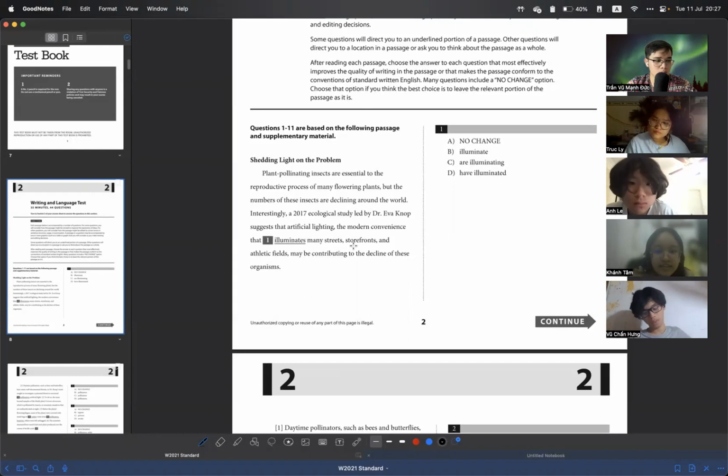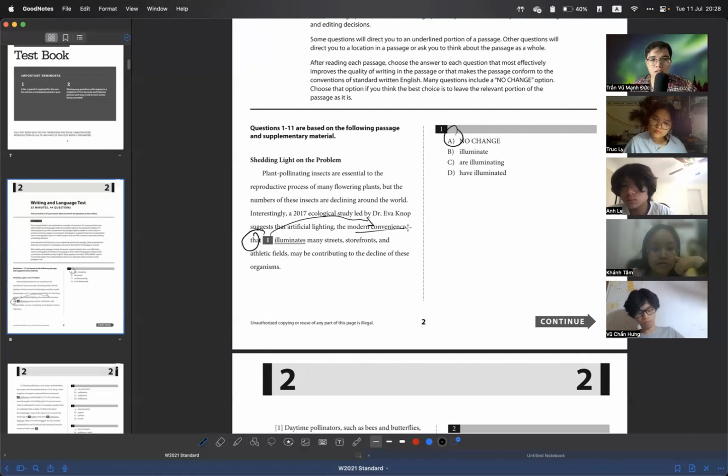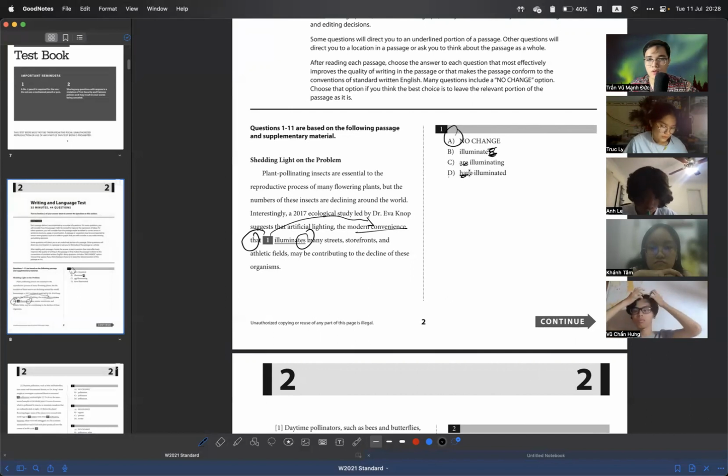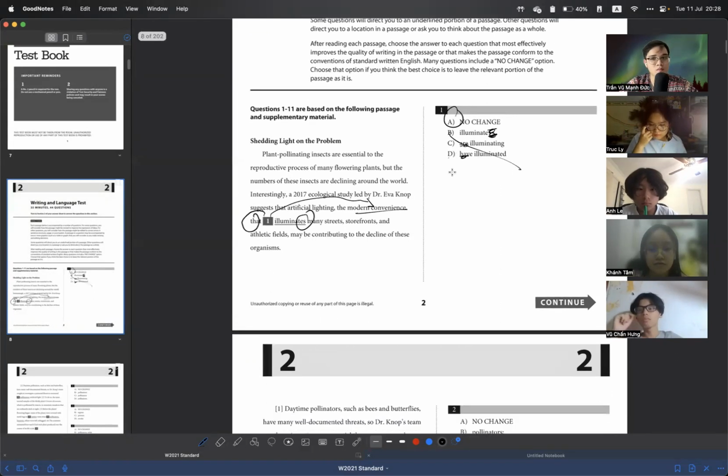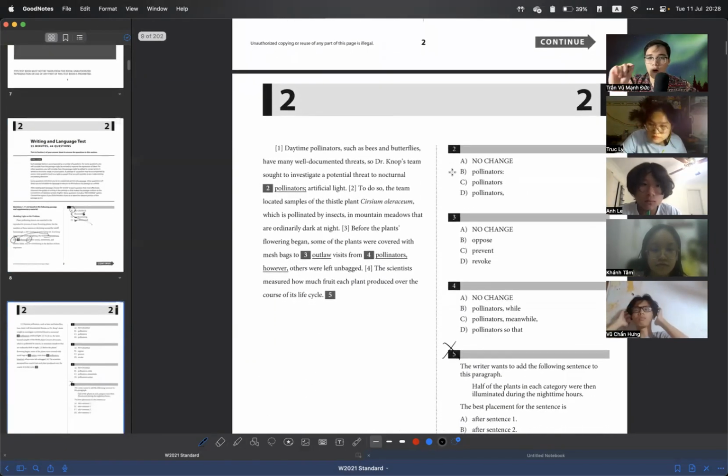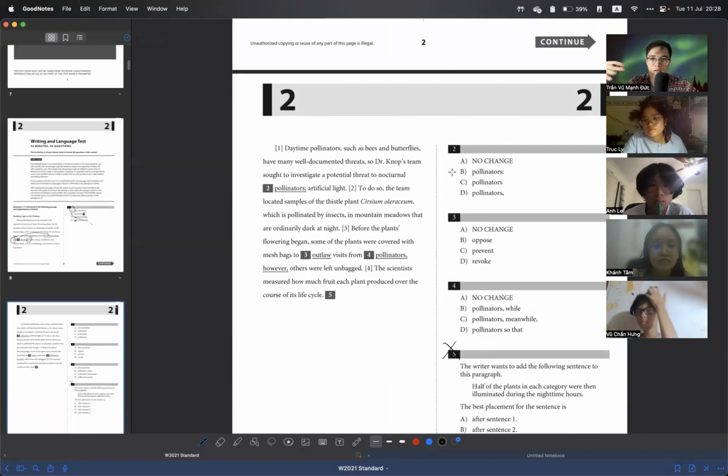I choose A. All right, A is the correct answer, because this is a relative clause, and that is replacing the modern convenience. The modern convenience is singular, so you have to put an S after. And look, B, C, D are plural forms. So B, C, D are wrong, and A is correct. That's when you practice: understand why they're wrong, and then understand why they're correct.